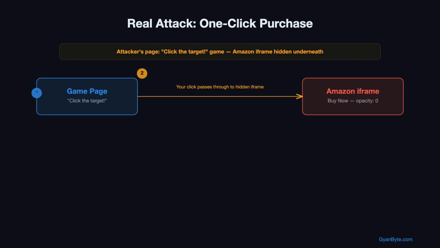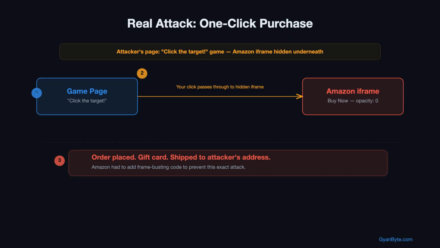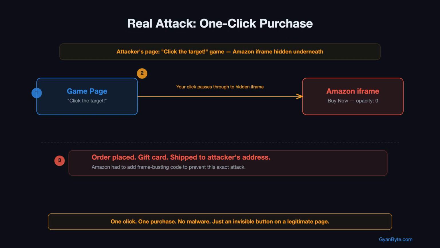Amazon receives an authenticated one-click purchase request from your session. Order placed, gift card, shipped to the attacker's address. You find out when the credit card statement arrives. This actually happened. Amazon had to add frame-busting code to prevent it. One click, one purchase, no malware, no phishing form, just an invisible button on a legitimate page.